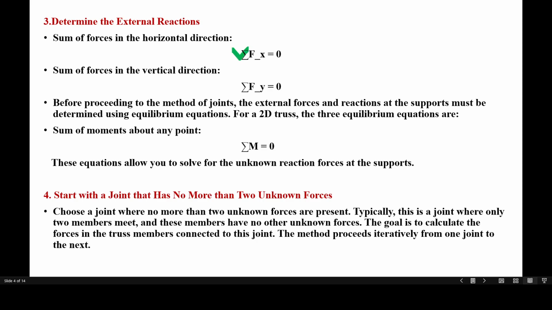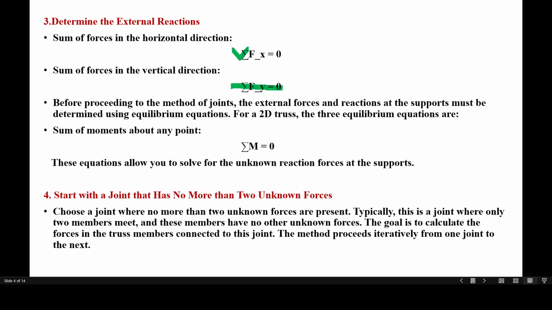The second is that the sum of all the forces in the vertical direction is zero. And the third is that the sum of all moments about any point is zero. These equations allow us to solve for the unknown reaction forces at the supports.